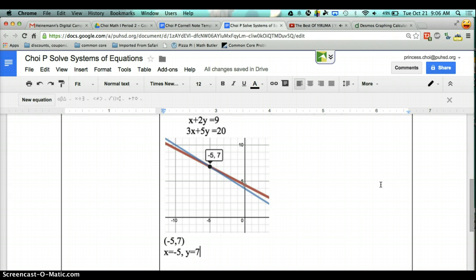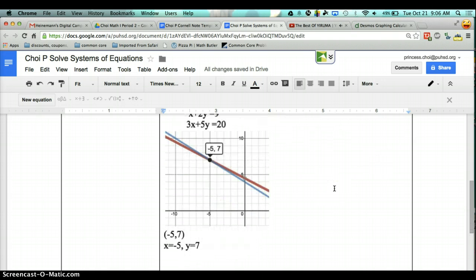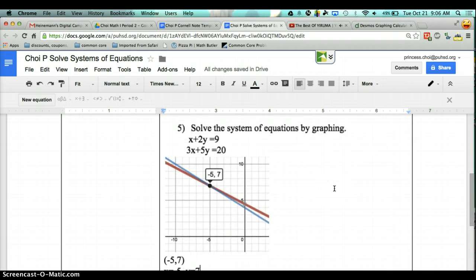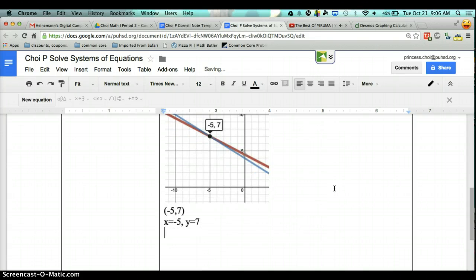So now let's think about a situation where we actually have to use our hand to calculate this. In order for us to do that, I want to use something called substitution. So now I want you to go ahead and put 5b: solve the same system of equations using, let's just say, elimination.